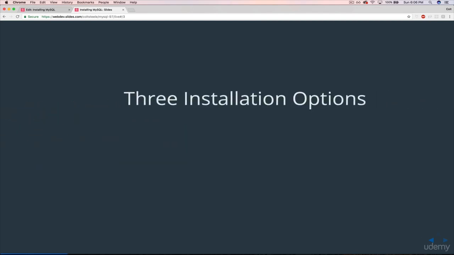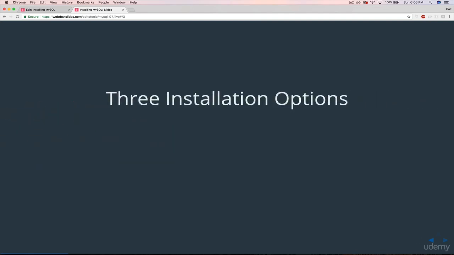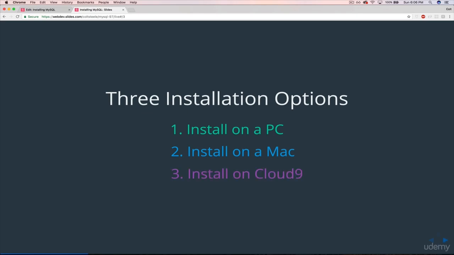So we have three options. The first one for installation is to install it on a PC. So if you're a Windows user, you can follow those instructions. The next option, as you probably guessed, is that you can install it on a Mac. So if you're following along using a Mac, this would be a good choice for you. But there's also a third option, which is to install it using a service called Cloud9.